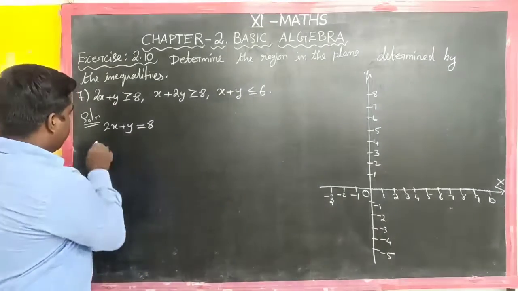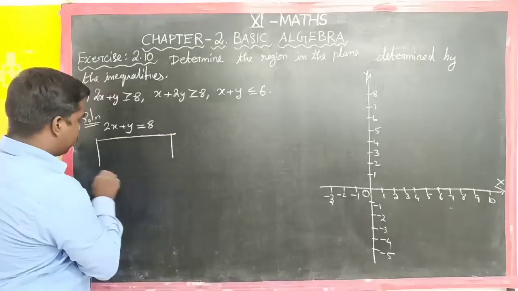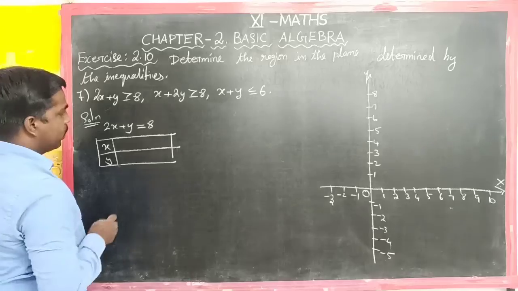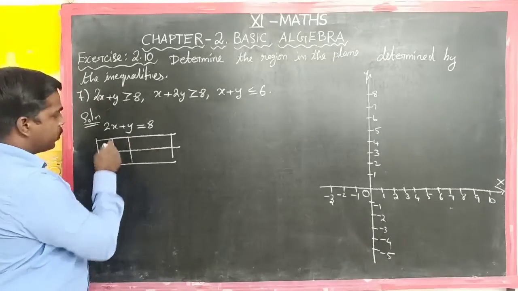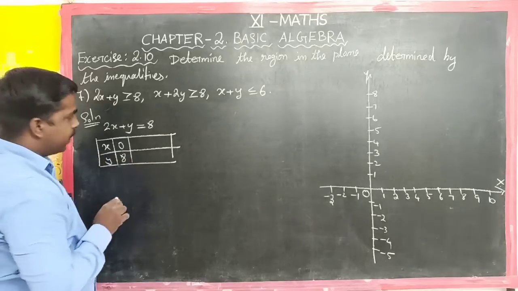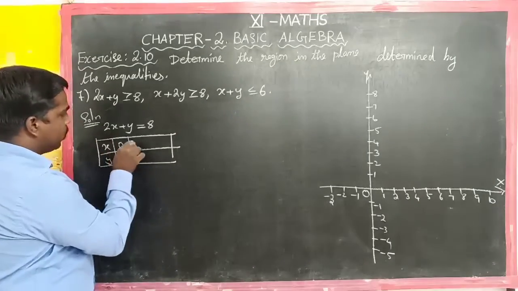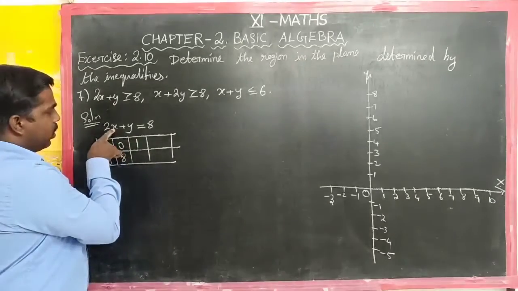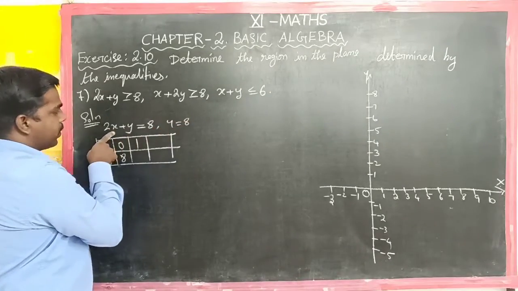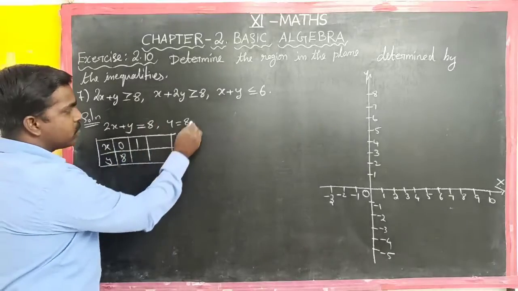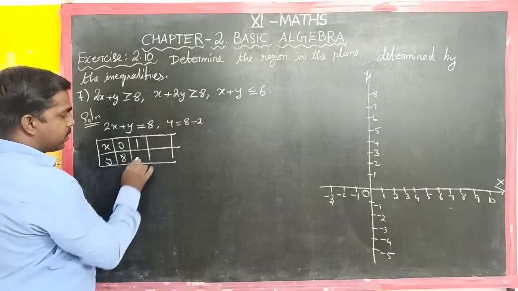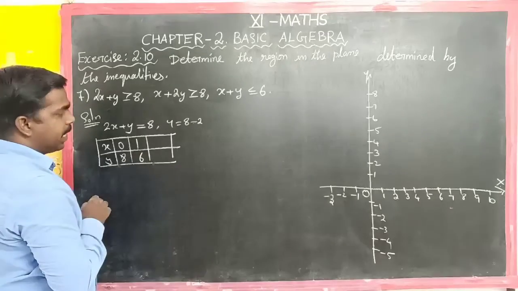I am going to find the points. So x, y: first if you put x is equal to 0, then we will get y is equal to 8. Next, if you give the value x is equal to 1, then 1 into 2, so y is equal to 8, the plus 2 becomes minus 2 on right hand side. 8 minus 2 is 6, so we will get 6.